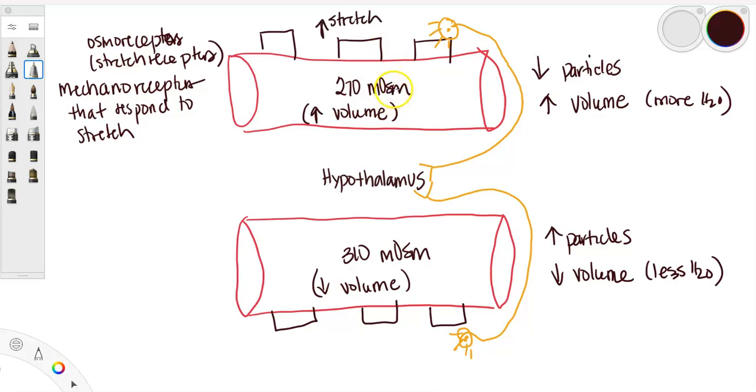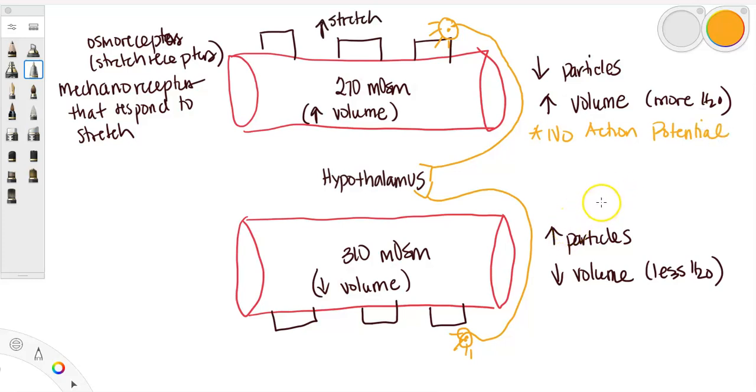Okay? All right. So if there's stretch here, what's going to happen here at the neuron? Well, what's going to happen is there's going to be no action potential.